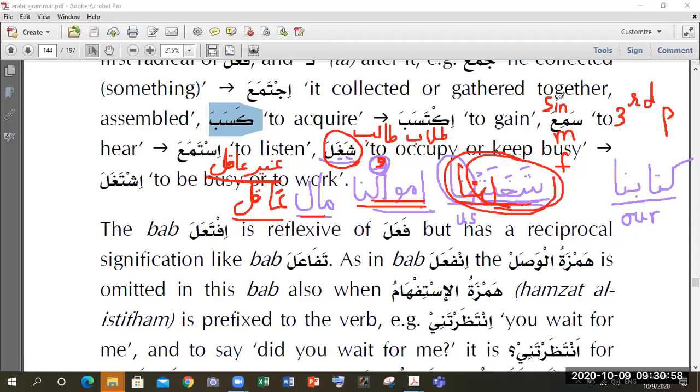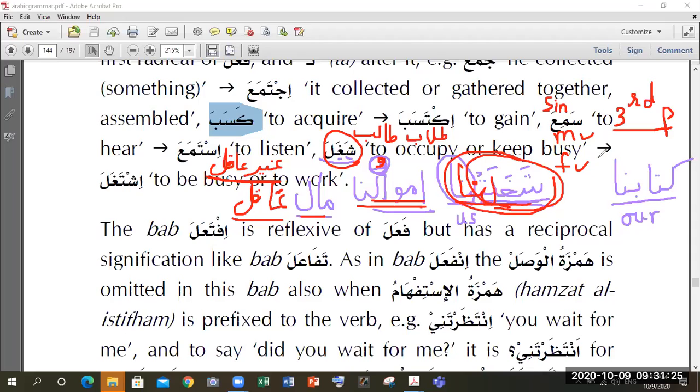We will always use singular when the verb comes in the beginning, when it's a verbal sentence. It always will be singular, but it will be always third person, and it will follow the gender. If there are male, it will be male singular. If there are female, it will be female singular.